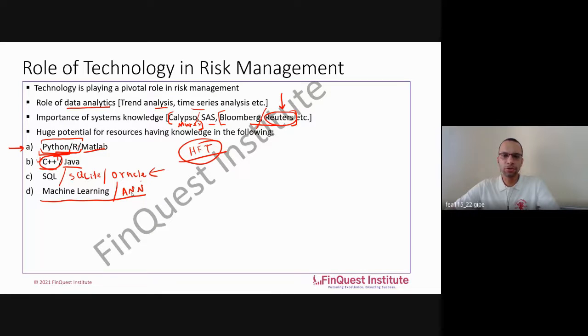They are already being used for trading purposes, etc. But for risk management also, they are gradually making inroads. So since it's a part of a curriculum, good. I would say that keep reading things because machine learning is a very vast area. Although Python offers you simple ways to do complex things, the theory which runs behind machine learning is pretty deep and complex. So spend some time understanding that as well.